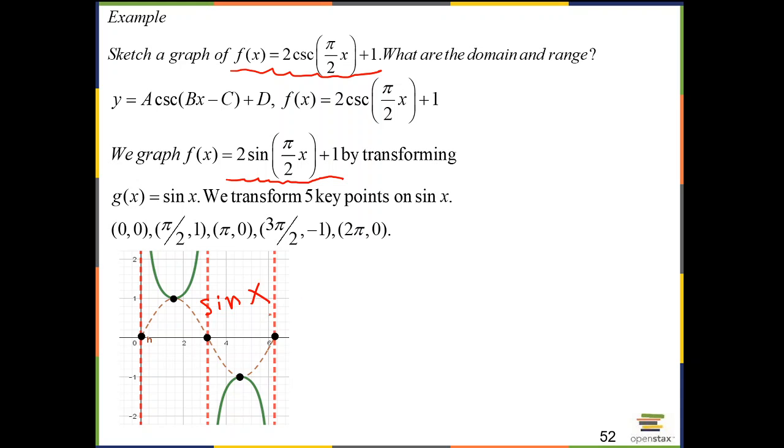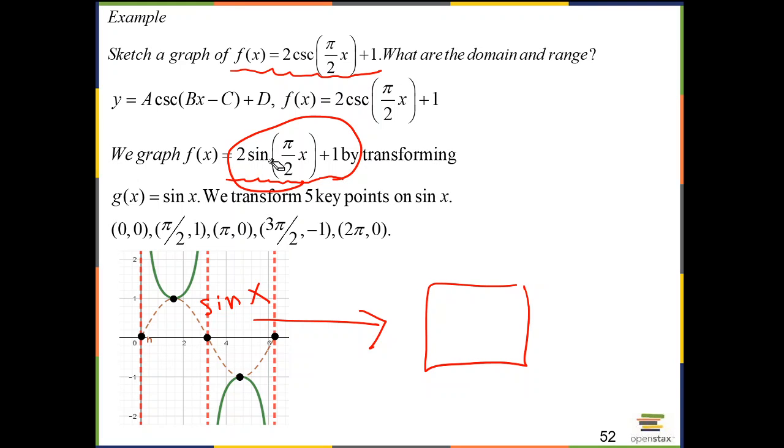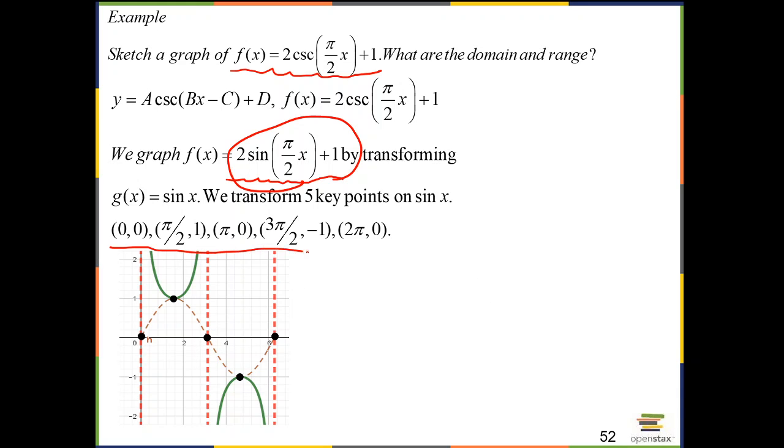We are going to take those and transform it into the graph of this. Once we have the rectangle, which is the graph of that, then we are going to graph 2 cosecant pi over 2 x plus 1. So we're going to take those numbers and transform them. These are the points that we have to transform according to these transformations here.